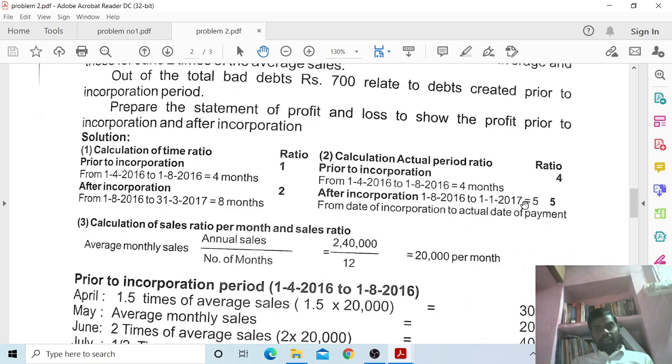So this is 5 months, from the date of incorporation to the actual date of payment. So the actual period ratio is 4:5.